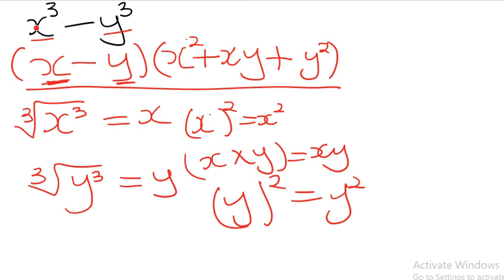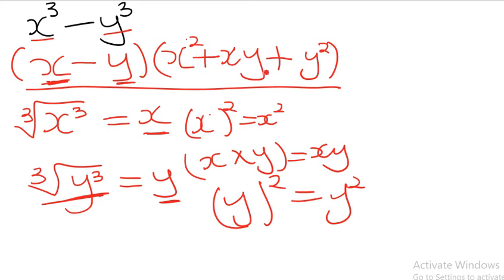So this one is x cubed minus y cubed. In order for you to get your binomial, you need to take the cube root of each and every term that you are having there. When you take the cube root of x cubed, that will give you x. When you take the cube root of y cubed, that will give you y. So you'll have x and y here.